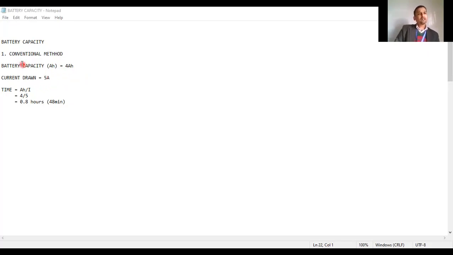By using that conventional formula, for how much time will this battery deliver the 5 ampere current? For that, we will use the formula AH upon I, where the value of AH is 4 and I is 5. If you solve this, you will get that this battery will give 5 ampere of output constantly for 48 minutes.